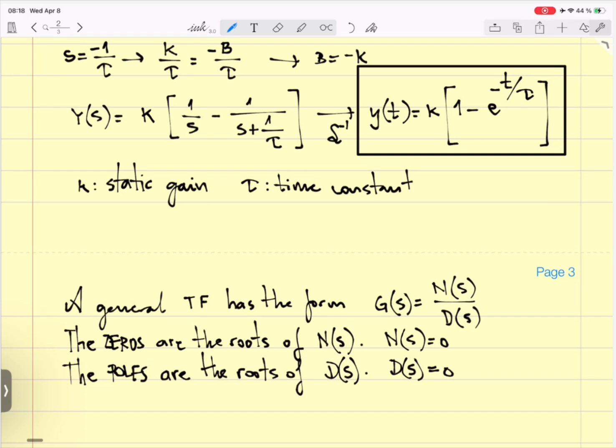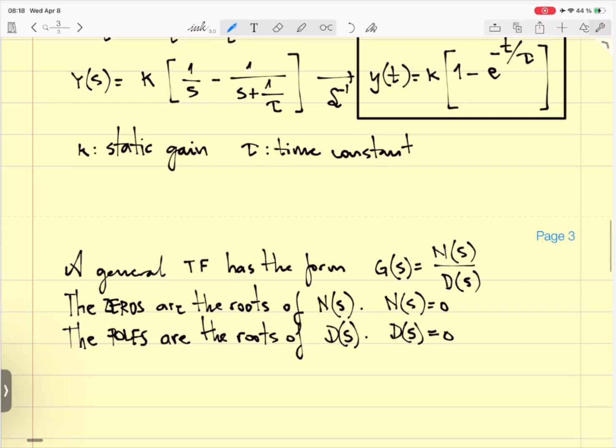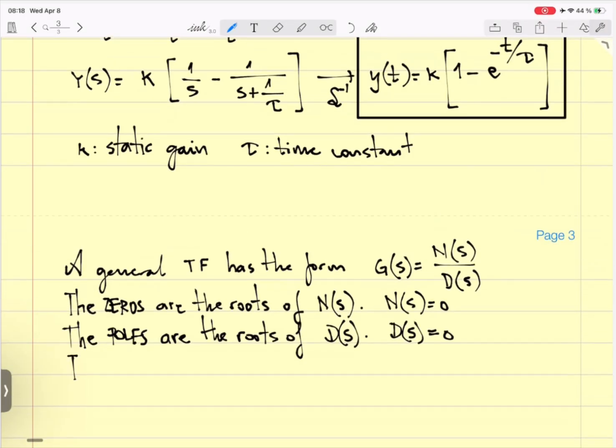And the order of a system is the degree of the denominator.